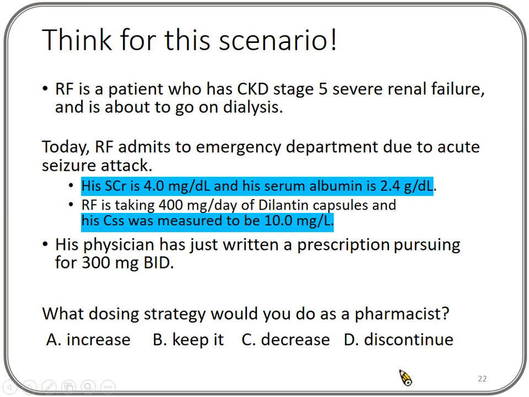Would you agree to increase the regimen to the upper dose, or B, no, let's just keep it at 400 milligram, or C, not to increase or keep it, I would like to decrease the dose because I do not want the patient to enter the therapeutic side effect level, or D, I would like to try some other agent, let's discontinue the phenytoin.